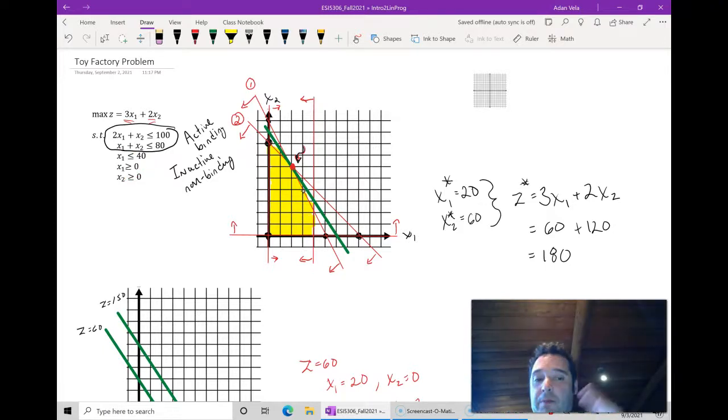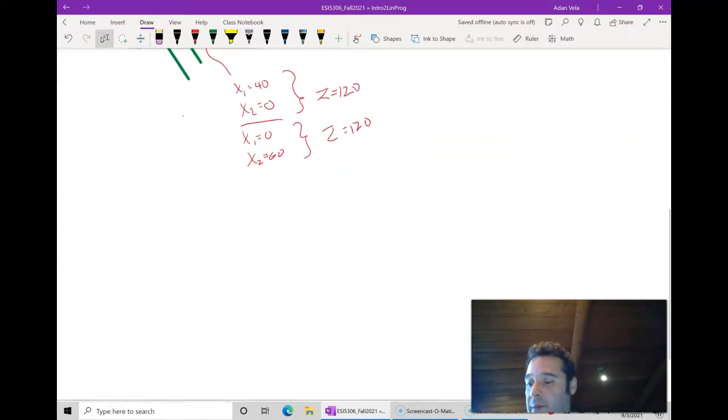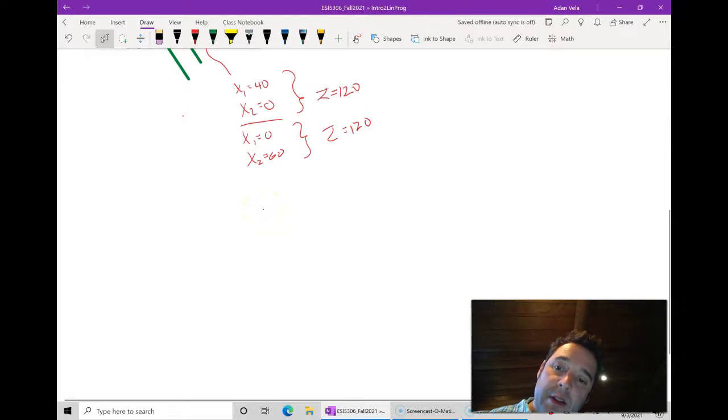Okay, so I'll give a little bit more of a formal definition. Actually, maybe I'll type this in because I have terrible handwriting.